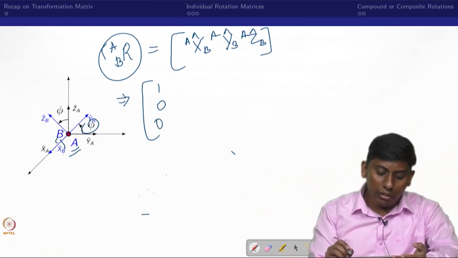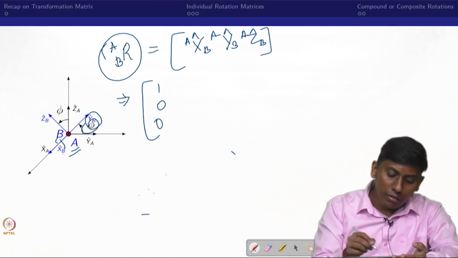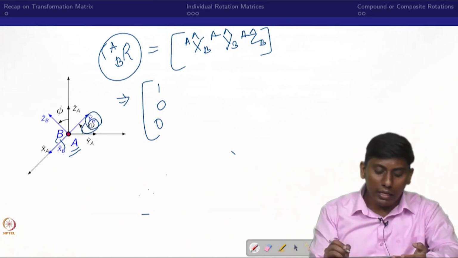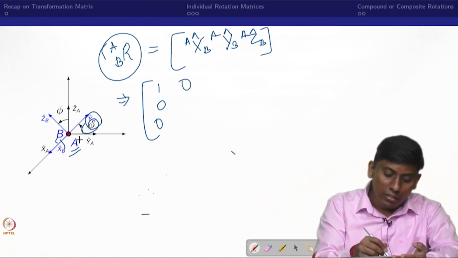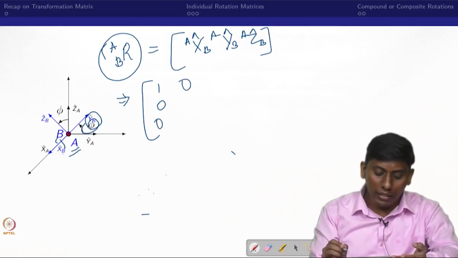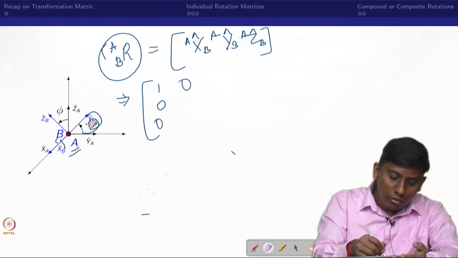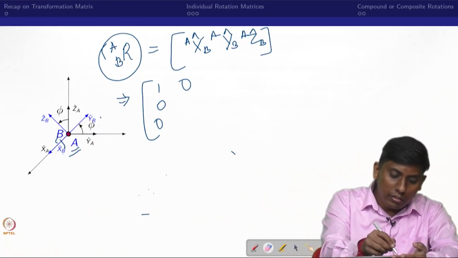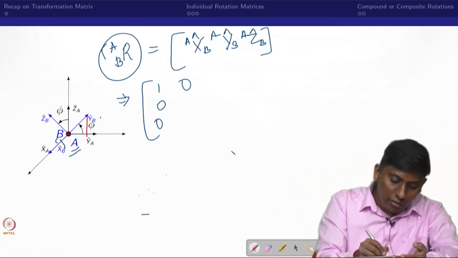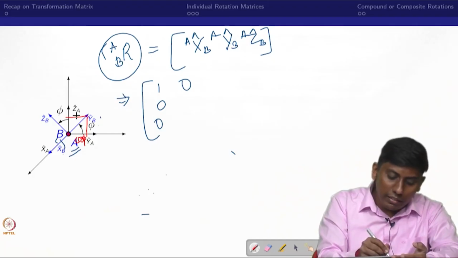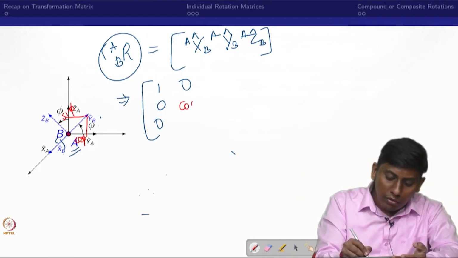The yb cap projected on xa would be 0 because it is in the other plane, the yz plane. But if I project it on ya, that would be cos phi, and if I project on za, that would be sin phi, right? That is what we are writing.